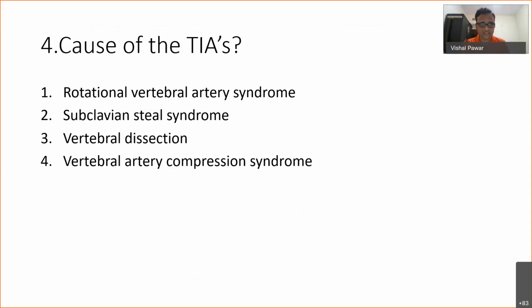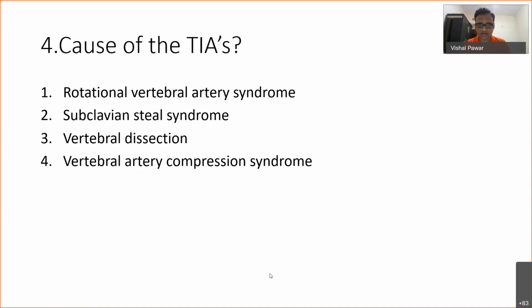Is it rotational vertebral artery syndrome, subclavian steal, vertebral dissection, or vertebral artery compression syndrome? I'm not able to initiate the individual question poll, so it's okay. We'll leave it. This condition is called vertebral artery compression syndrome.